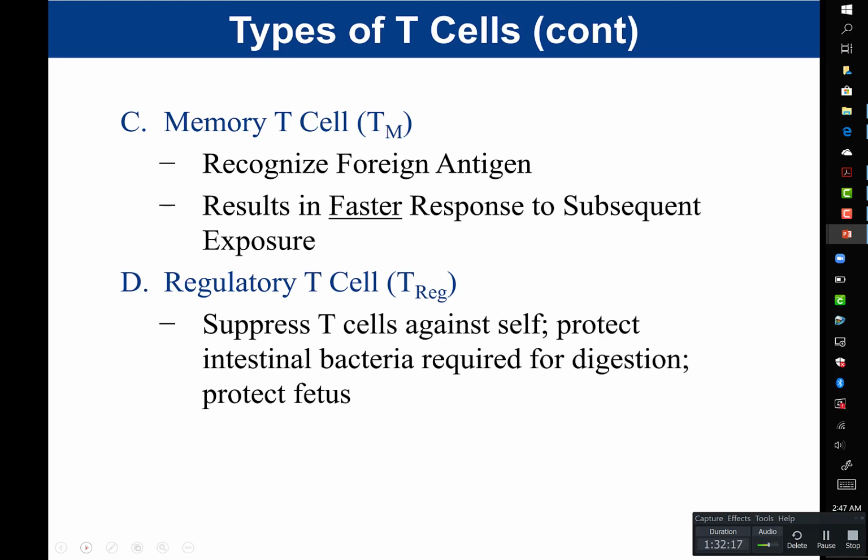We have our regulatory T cells, our Treg cells, and these are used to suppress T cells against self and to protect intestinal bacteria required for digestion, as well as protect a fetus. So these are our regulatory T cells that mediate hypersensitivity so that we don't attack our own cells, for example.